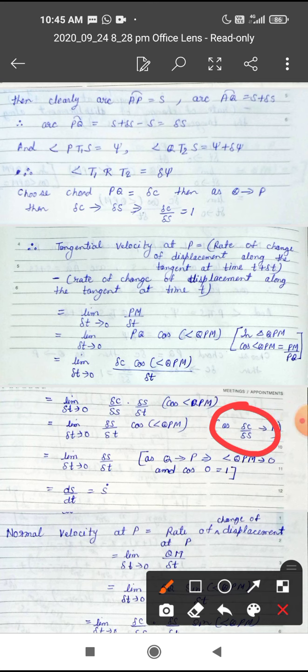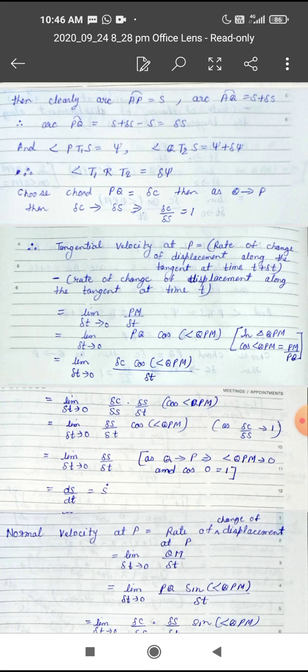And if Q tends to P, then angle QPM tends to 0 and cos 0 is equal to 1. So we are left with limit delta t tends to 0, delta S by delta t, or ds by dt, or s dot. So the tangential velocity is s dot.